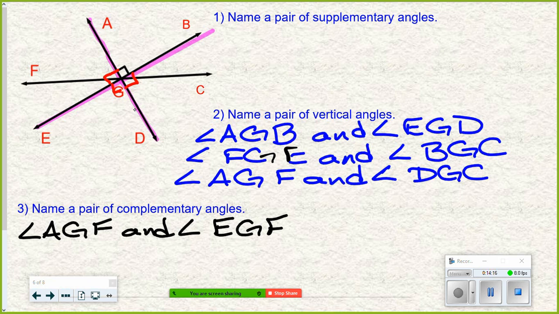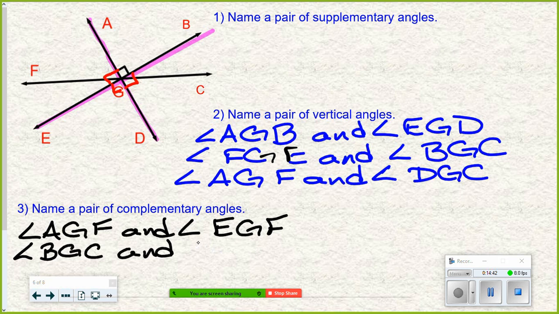No, AGF is not a right angle. AGE is a right angle. From here to here adds up to 90. So it's two angles that add up to 90. Zach? Yes.